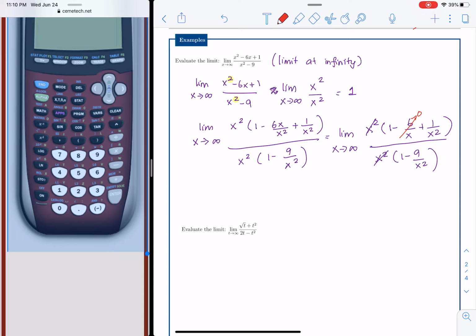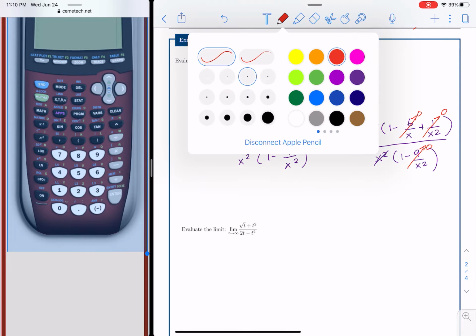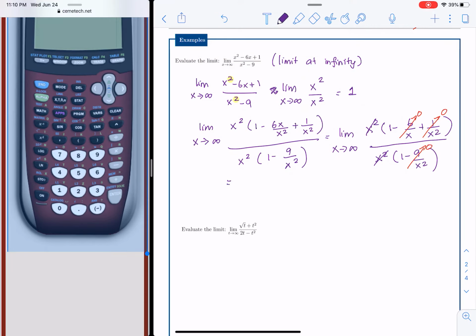I am dividing 1 by a large number because x is approaching infinity. So in 1 over x squared, as x approaches infinity, that is going to become 0. Same argument applies for negative 9 over x squared. That would become 0. So we end up having 1 minus 0 plus 0 divided by 1 minus 0, which is 1 over 1, we get 1.